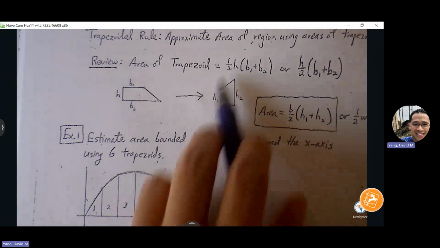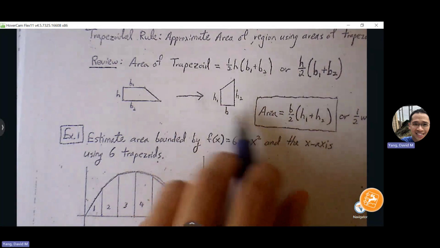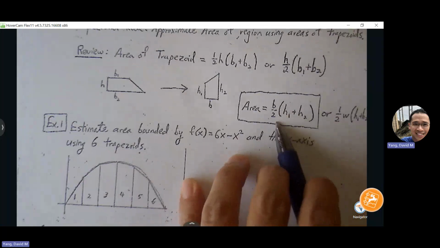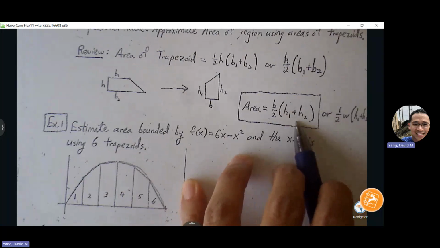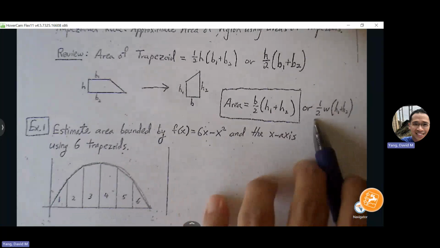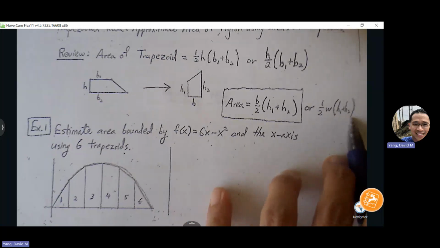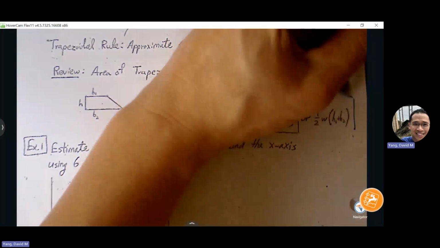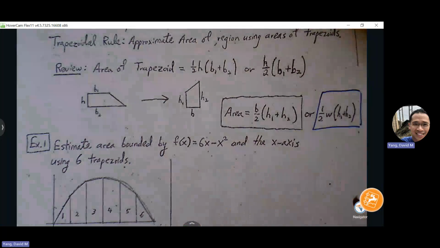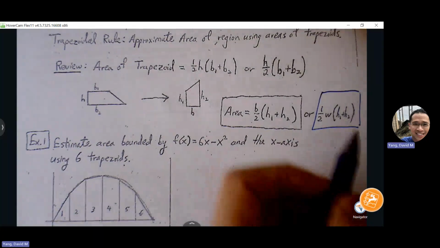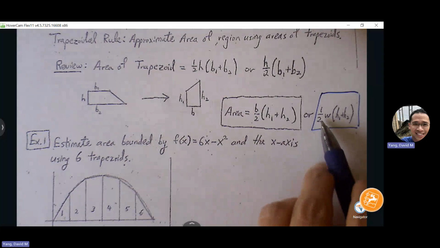So if we want to think about a trapezoid in this perspective, then the area is going to be base over 2 times height 1 plus height 2, or 1/2 width times height 1 plus height 2. So I'm going to use this one here, and this is going to be the one that allows me to write it out without having to stare at a fraction, if I can just push that coefficient down in front.